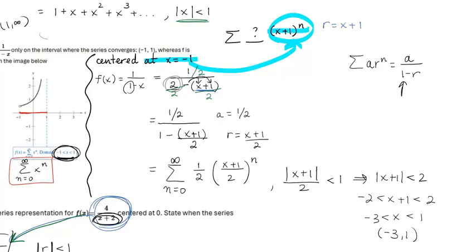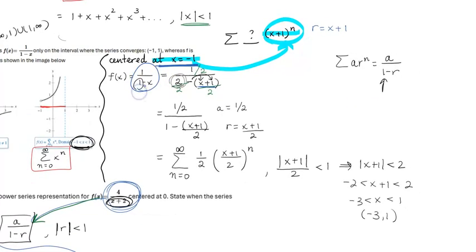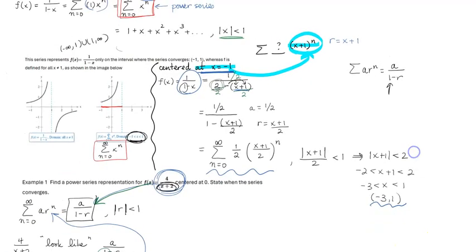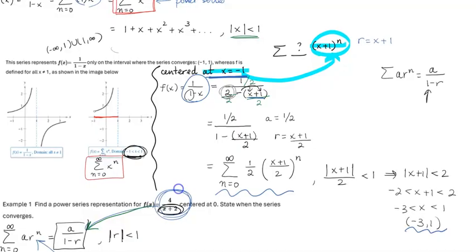So notice now, when I centered this power series at -1, now I'm saying that this rational function is now equal to this new power series on this new interval from -3 to 1. So if you're trying to take a function and write it as a power series, and you'll see eventually why we turn these into power series, how this is helpful for us, depending on where we're going to use it. Sometimes we need to consider what x values do we want to be able to work with, and that may mean that we need to shift where we want to center our power series.